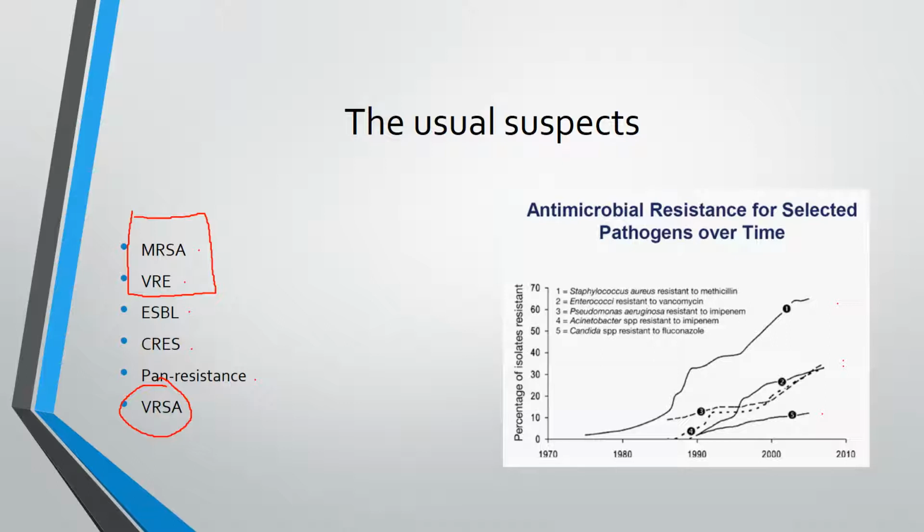And then the thing that we're really nervous about, and we don't want it to emerge, we've only had a handful of cases in the United States, is VRSA, which is vancomycin-resistant Staph aureus.